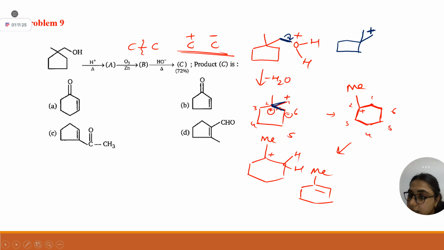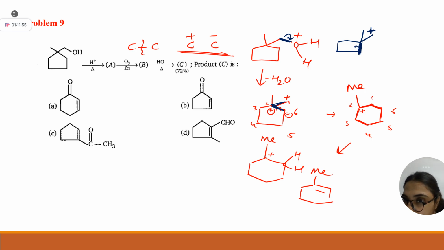Yes, ma'am. In one class, I told you how to see the stability of a carbocation: first mesomeric, then aromaticity, resonance, hyperconjugation, inductive. Here it is a primary carbocation, not that stable, so it wants to get stabilized. How? By shift. Here a hydride shift can't take place, so a C-C bond shift will happen.